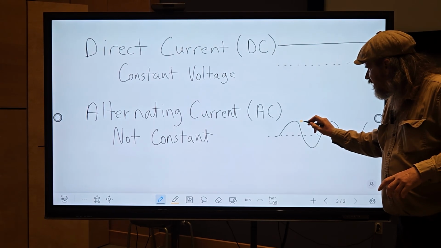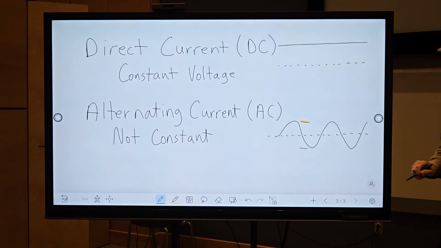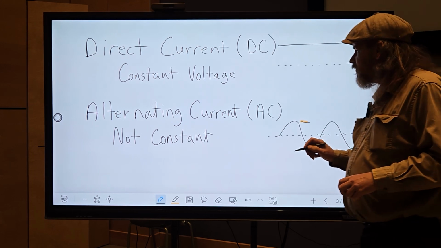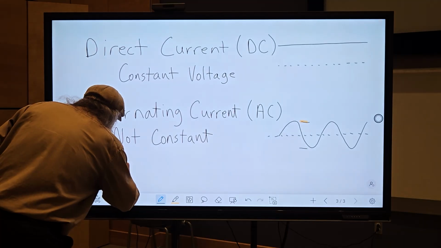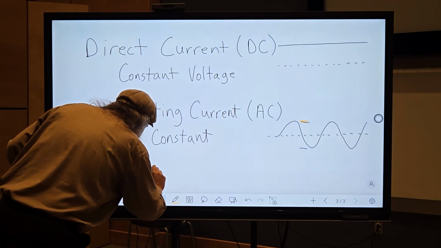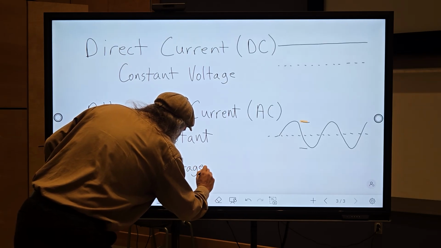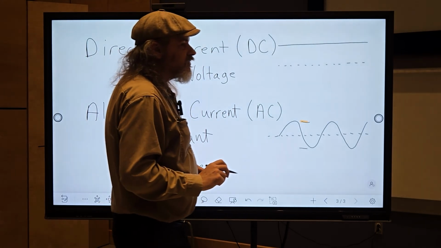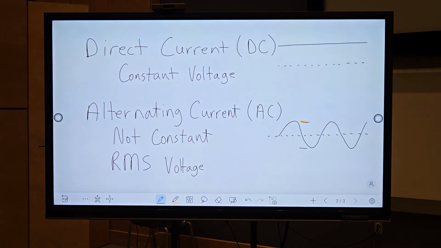So the peak to peak voltage is one way to measure it. But more commonly used is what's called RMS voltage. The RMS voltage, or root mean squared, I should write that down.